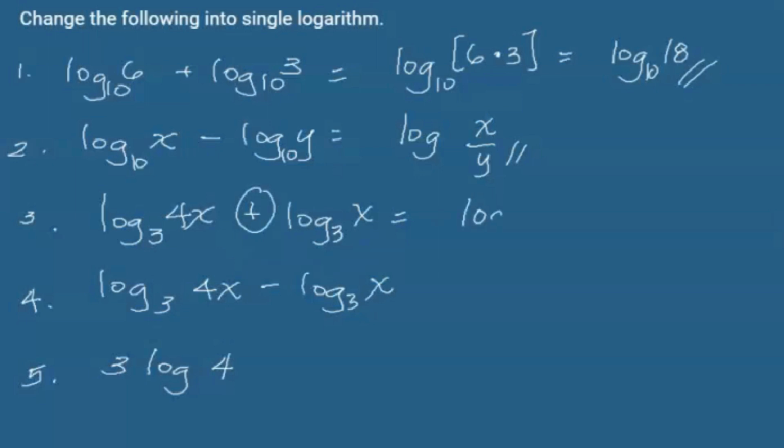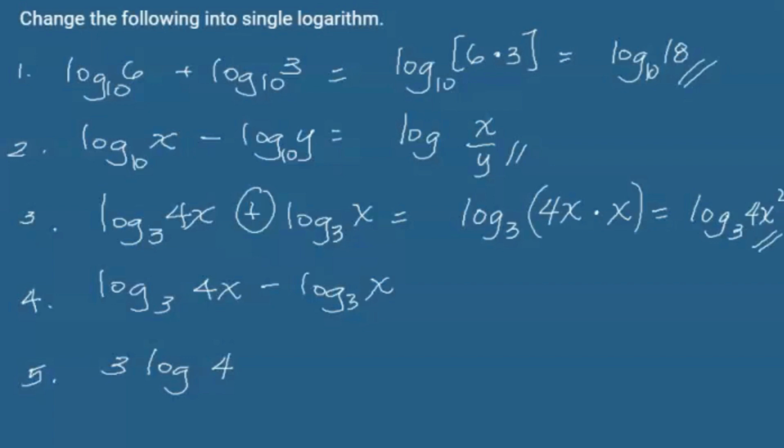So that's the logarithm of 4x times x to base 3. Okay. So let's simplify. That would be the logarithm of 4x squared to base 3.